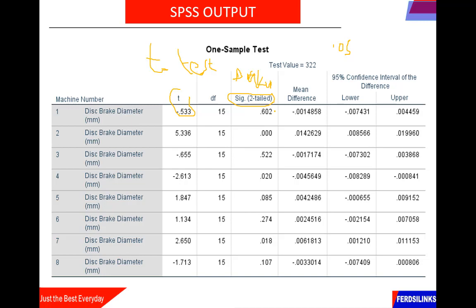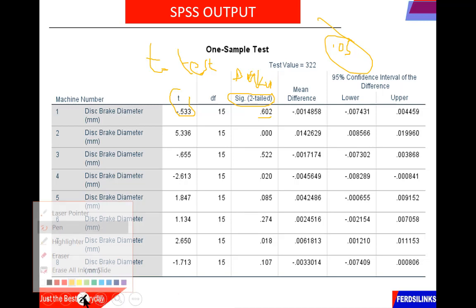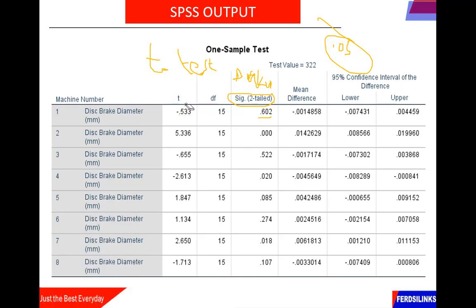So if your value calculated is greater than this, it means your test is insignificant. So by now you should be able to say whether the first machine significantly differs from our 32 or not. I'm sure you should be able to say that. Okay, that is the first thing we need to be able to do.